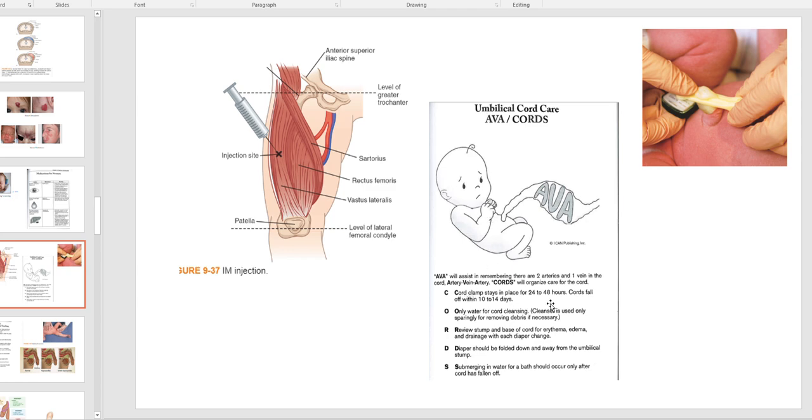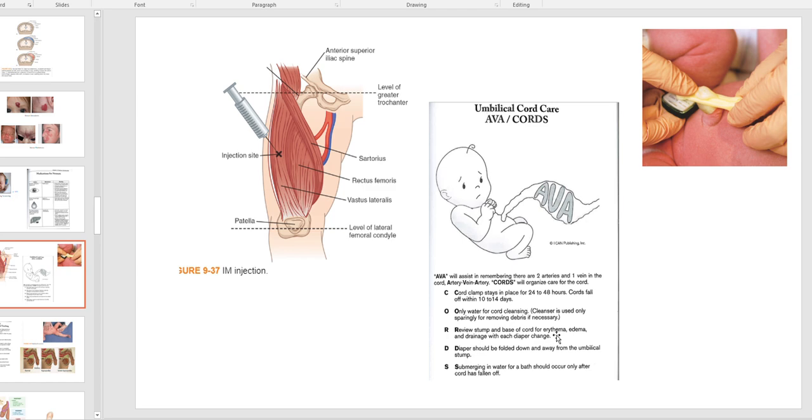They stay clamped for up to 48 hours. They fall off within 10 to 14 days. You don't put anything on them. You report any drainage, any edema, any redness, so you instruct the patient's parents on that.